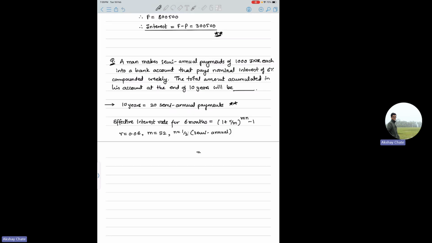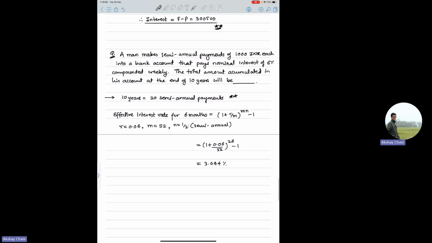So if you plug these values, R by M will be 0.06 by 52, and this 52 into 1 by 2 will be 26, minus 1. Okay, so that should come about 3.044%. Okay, you can verify this. Let me just do it only. I don't want to commit any mistakes.